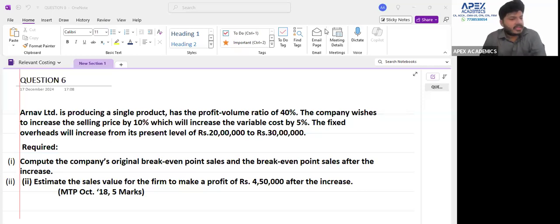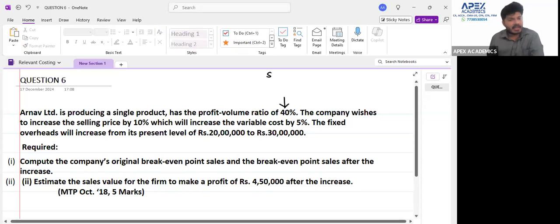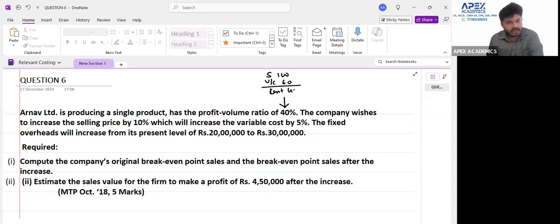चलो, question number 6. Arnav Limited is producing a single product, has a profit volume ratio of 40%. सर इसका इंपैक्ट क्या होता है? इसका इंपैक्ट है कि सेल्स अगर 100 है तो वेरिएबल कॉस्ट 60 है, तो कंट्रीब्यूशन 40 हो जाएगा.